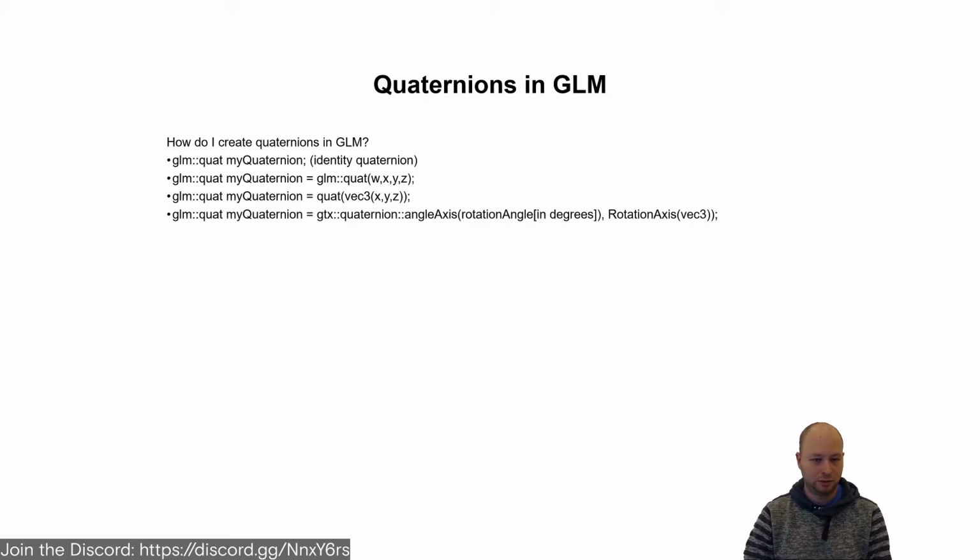Or like I said, sometimes they're called A, B, C, and D, but X, Y, and Z kind of represents the fact that that second portion is the vector about which you're rotating, if you want to visualize it in that way. You can also create a quaternion about a particular vector in this way, or you can do something a little bit more advanced, which is more controlled, where you can create a quaternion off of an axis. So you provide a rotation angle plus a rotation axis.